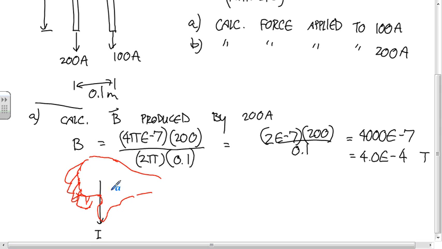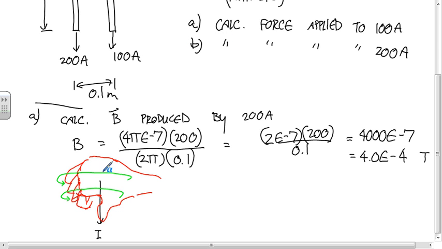Okay, so you're looking at like the back of your hand. And so those field lines are going this way.